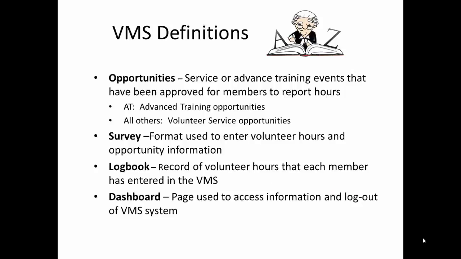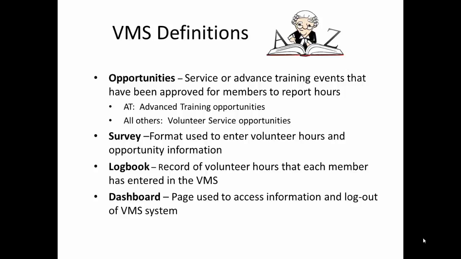Some VMS definitions. The first one is opportunities, and these are the service or advanced training events that you have been approved as members to report your hours. If an opportunity begins with an AT:, this is an advanced training opportunity.